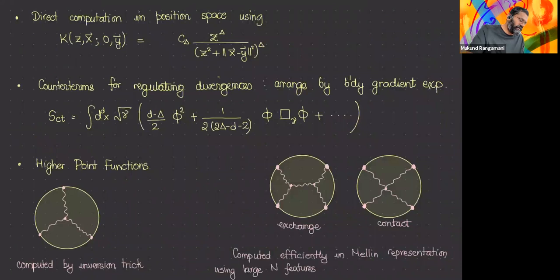And in fact, that's how the calculation was first done in Witten's paper, because he just wrote down the position space bulk to boundary propagator using the conformal properties of the AdS spacetime, and the bulk to boundary propagator to propagate from boundary point 0y to bulk point zx is simply given by this hyperbolic Poisson kernel.